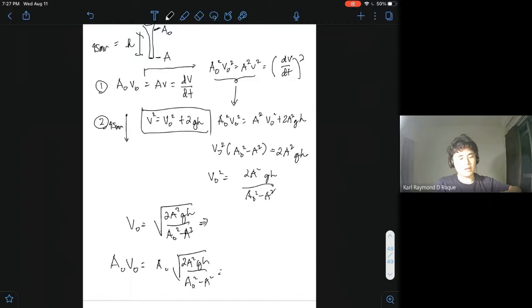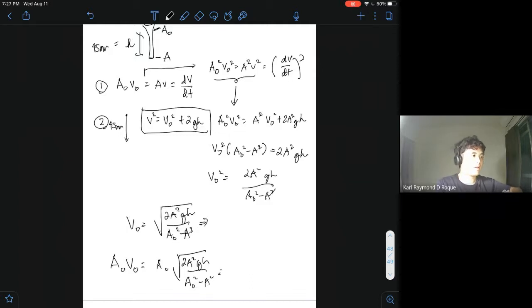Ano ba yung A naught? 1.2 times square root of, di natin kailangan mag-convert, 2 times 0.35 squared times 9.8 times 4.5 cm all over A naught squared, so 1.2 squared minus 0.35 squared.